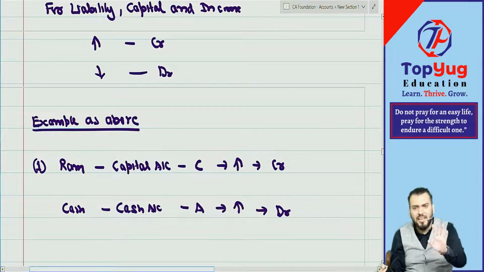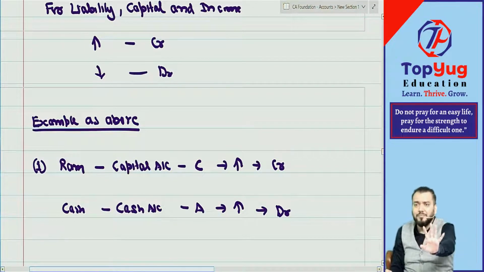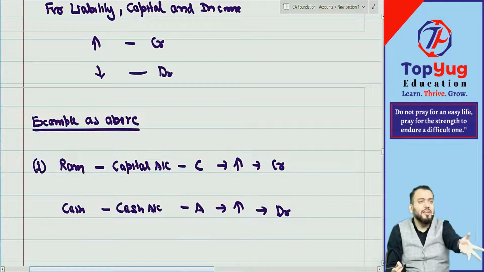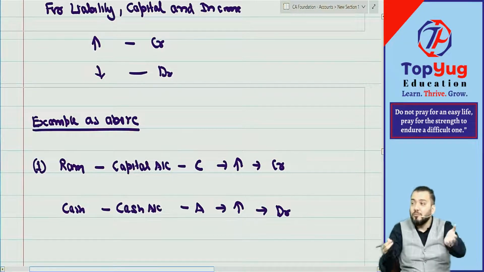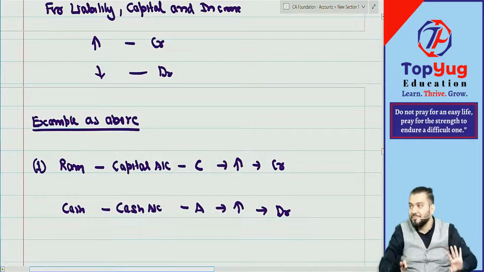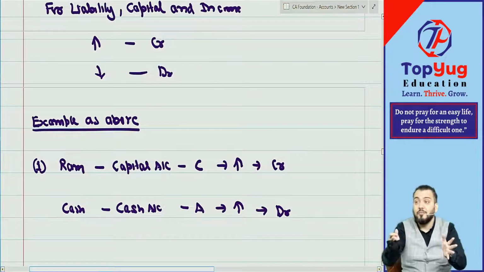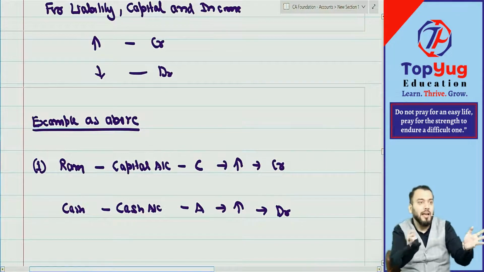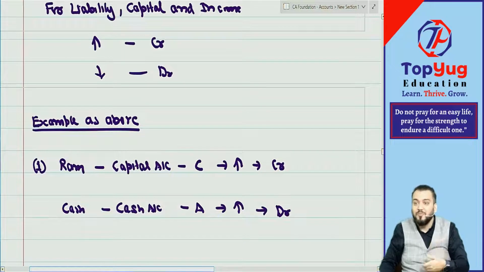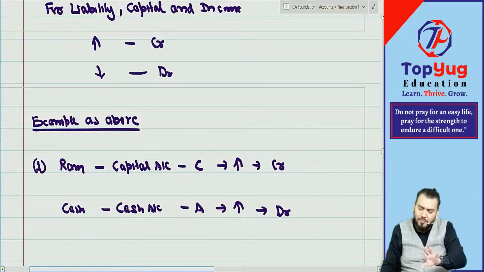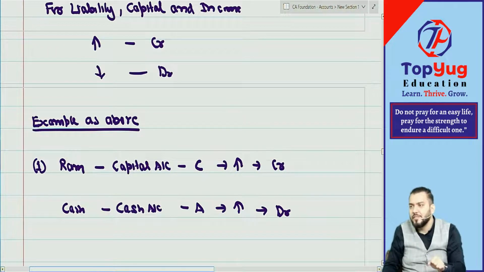Understood? Same. End result is same, but approach is different now. Now we need to understand which approach is easier, because in exam they will say record. We can record by any approach. So whatever we feel is easy, we'll apply that. And more or less, I will say modern rule is more scientific.